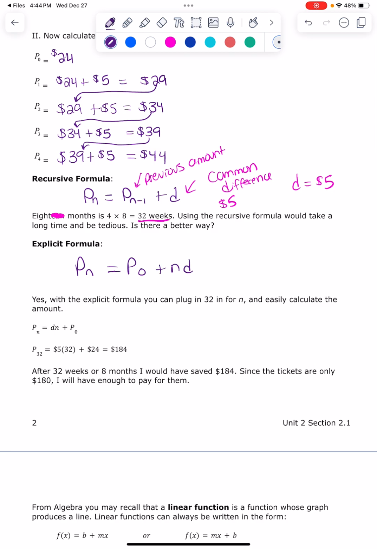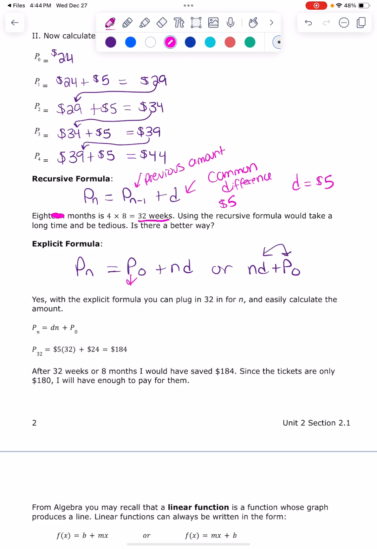The recursive one is just helpful for understanding how you build a linear function. So the explicit is P sub 0 plus n times D. Or you could write it as n times D plus P sub 0. It doesn't matter if you switch those around.